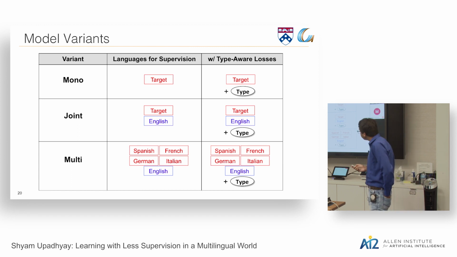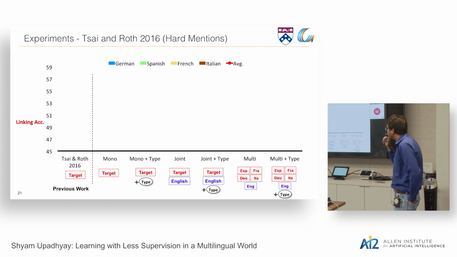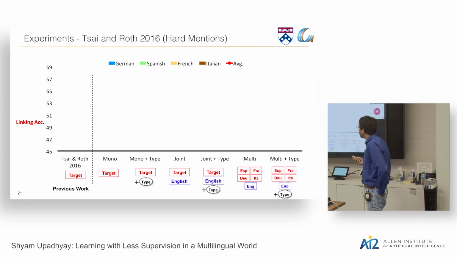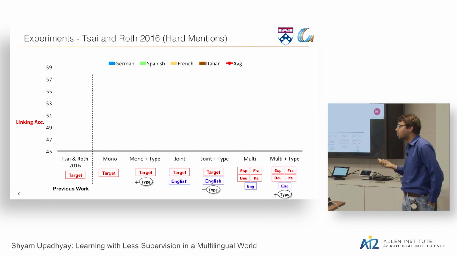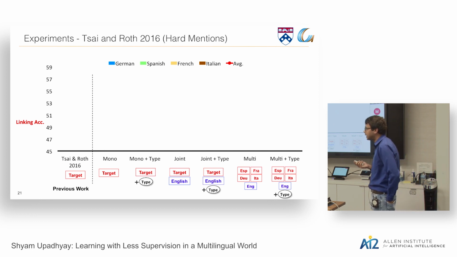All right, so let's look at the experiments. First, on the European languages from the Sil and Roth dataset. Here I'm going to plot the linking accuracy on the y-axis, which is how often we predict the correct disambiguation. And on the x-axis are the various model variants and the previous state of the art.